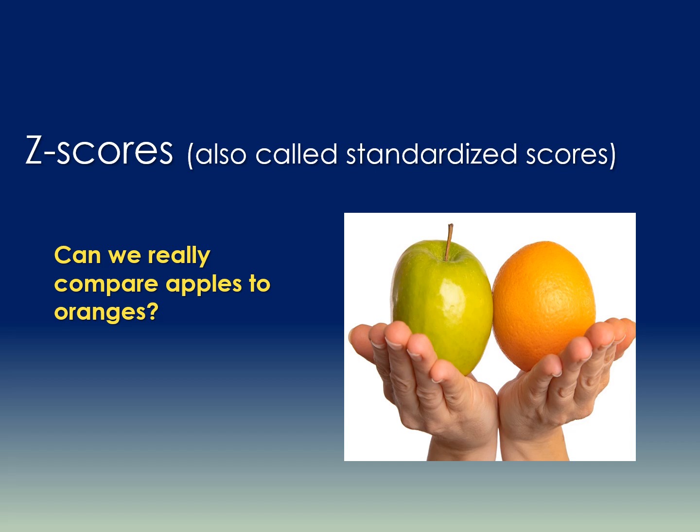Now, the one thing I'm going to tell you right now to make it easy with z-scores, and listen to this carefully, please, is that a z-score is the same thing as a standard deviation unit. So one standard deviation is the same as one z-score. If you can get that, everything else is going to fall into place. And we use the same normal curve, as a matter of fact.